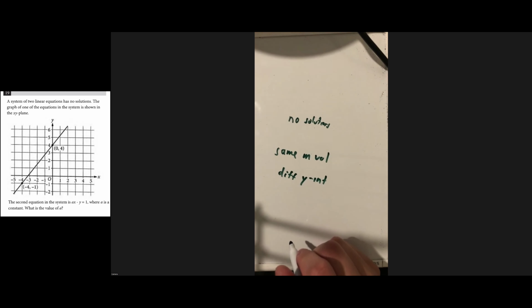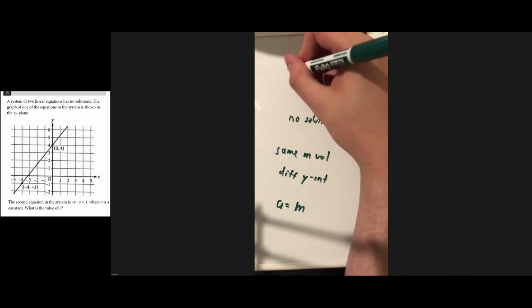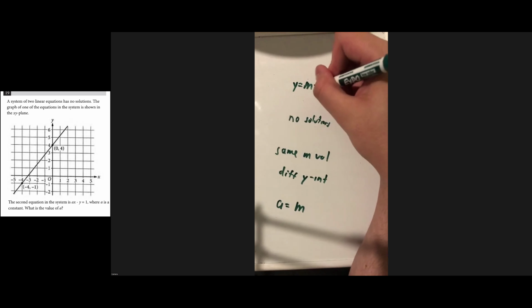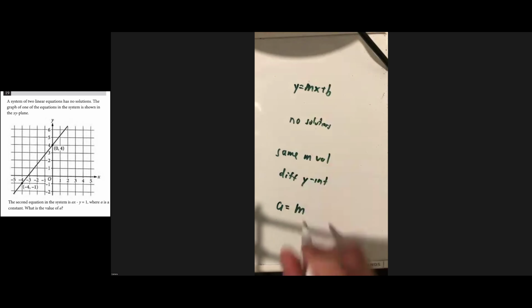For this one, it tells us that the second equation is ax minus y equals 1. Well, this would just mean that a is the same thing as the m value. And by m value, I mean y equals mx plus b, where m is the m value.